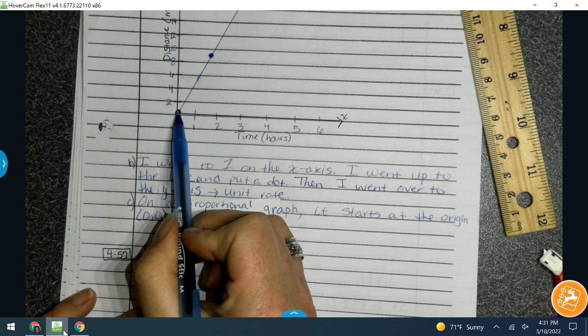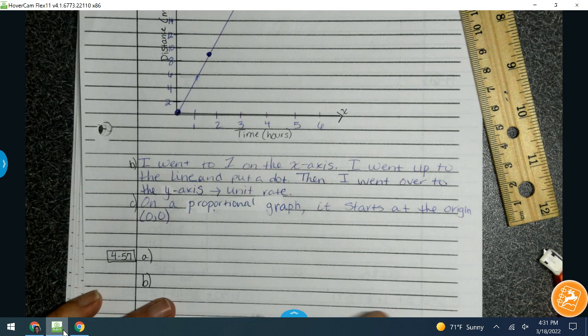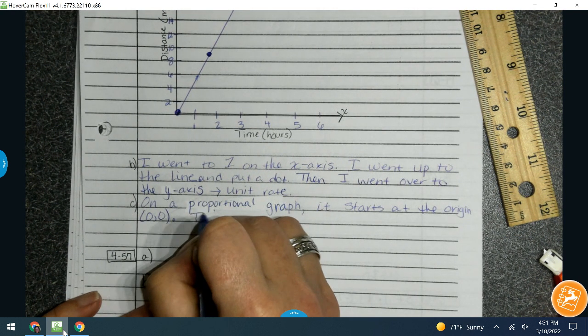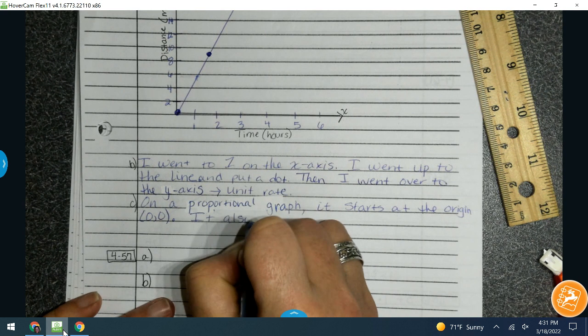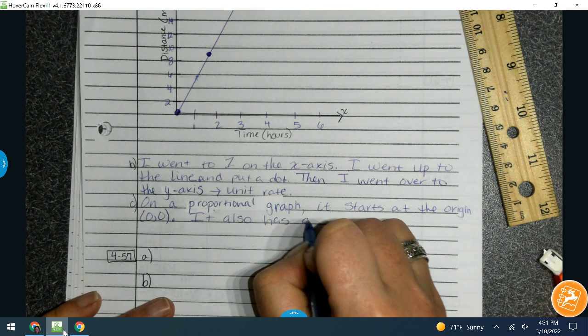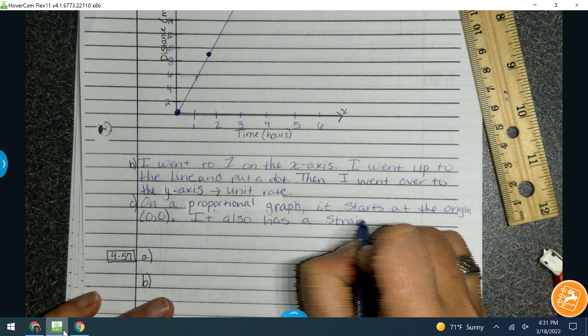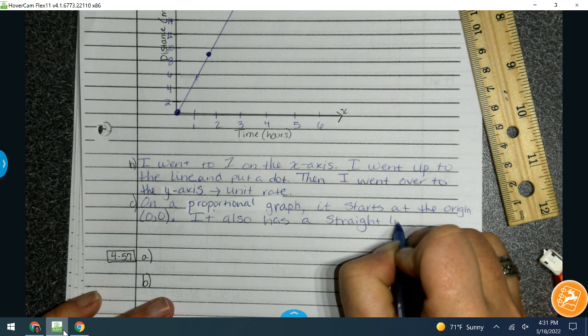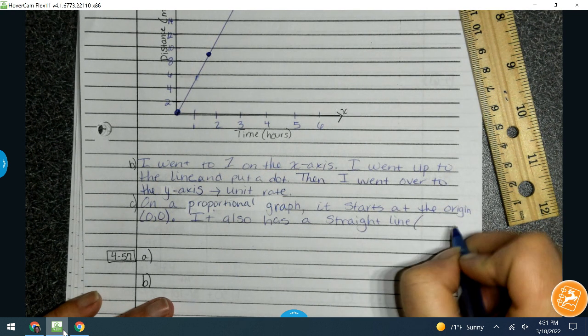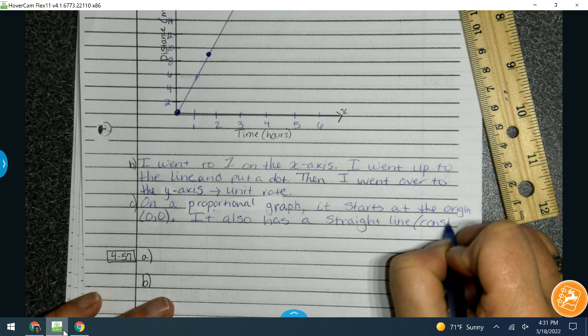Remember, this is if x is 0, y is 0. It also has a straight line. And that's how I see the constant multiplier.